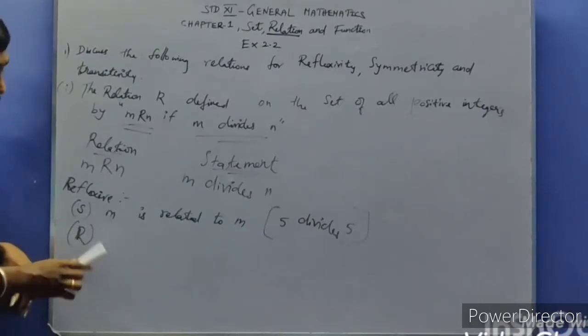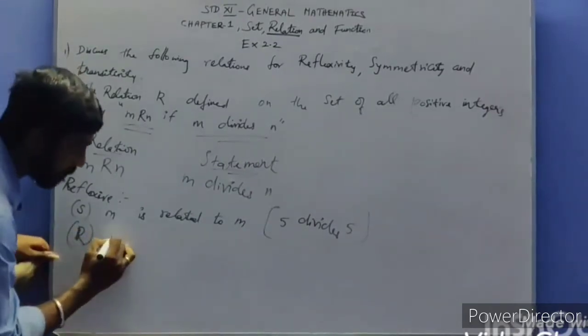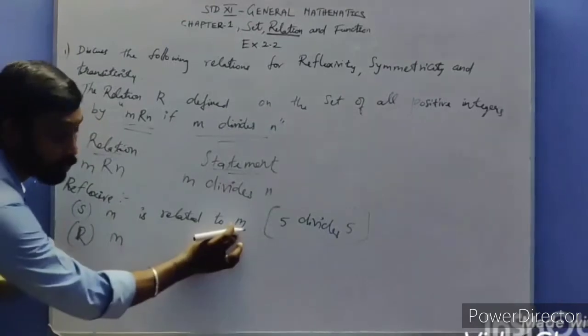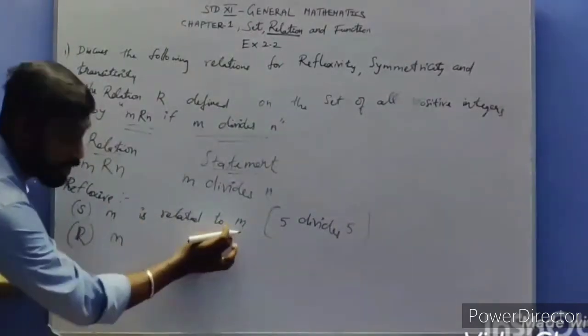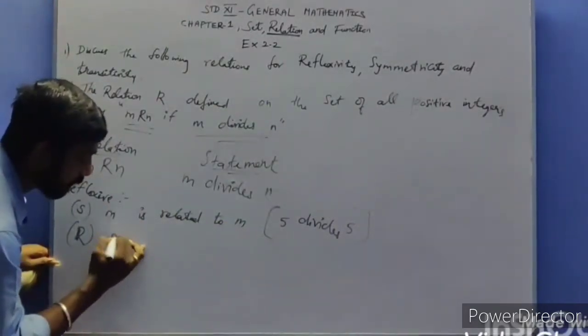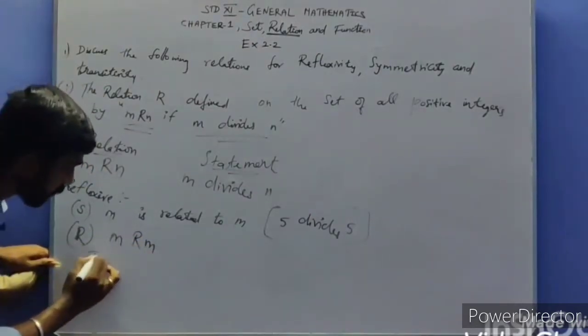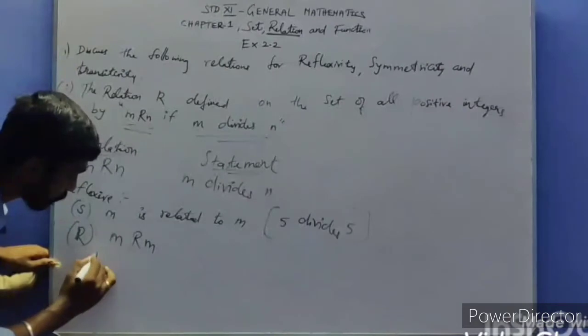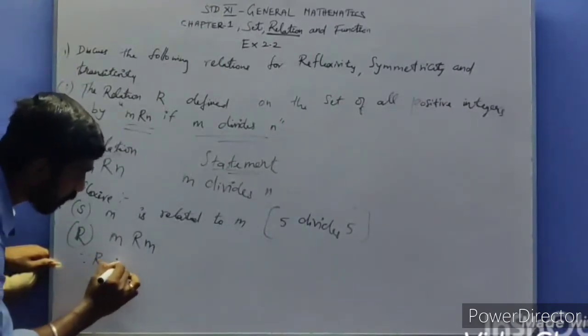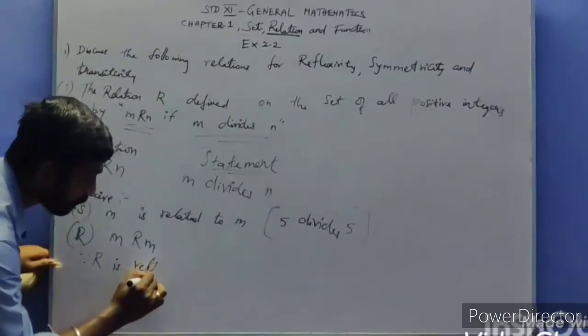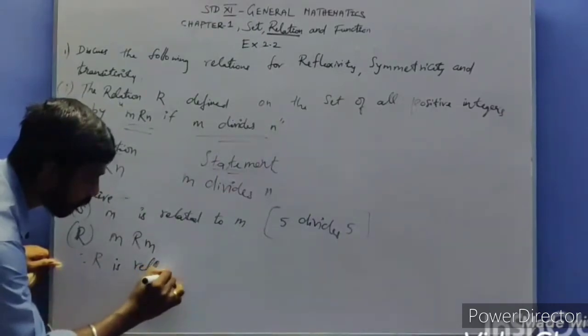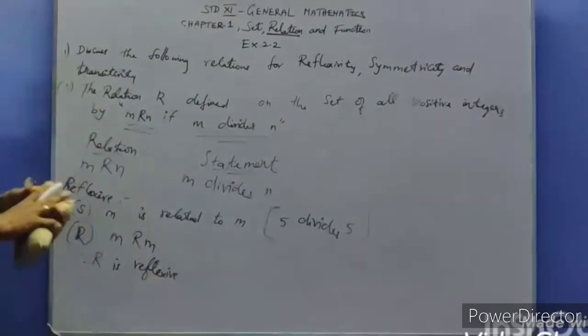Next, the relation: m related to m. It is given here, so R is reflexive. So next condition.